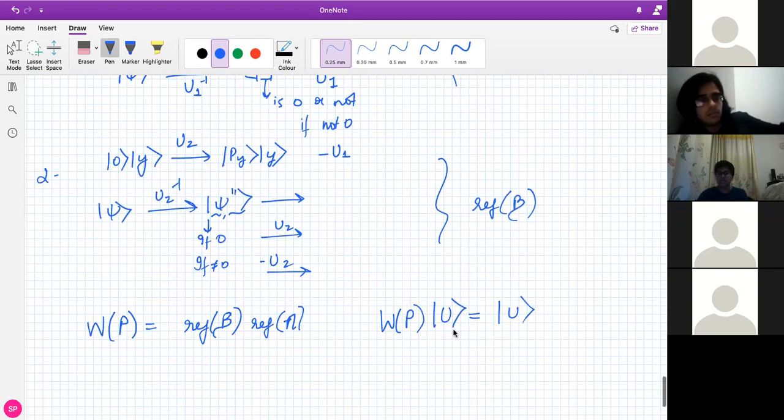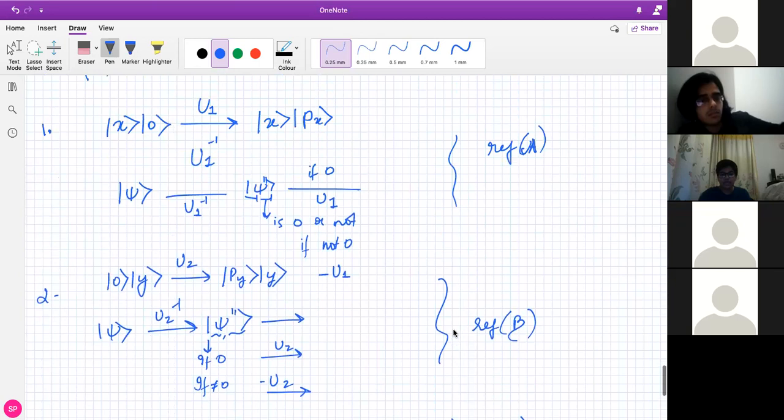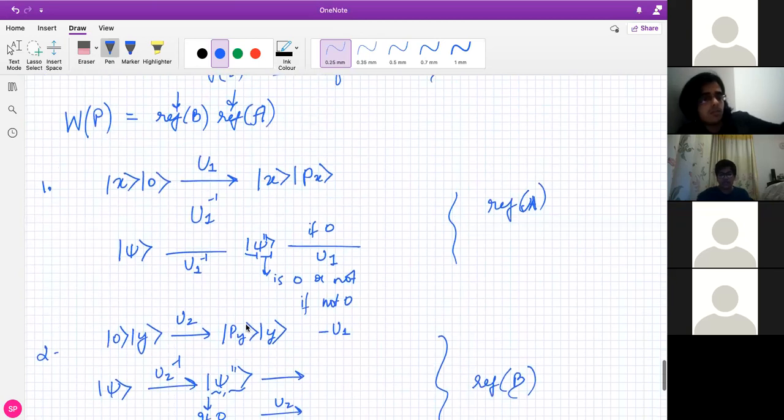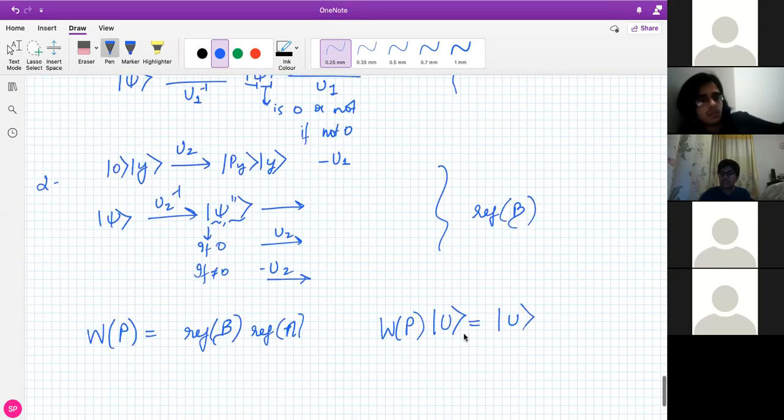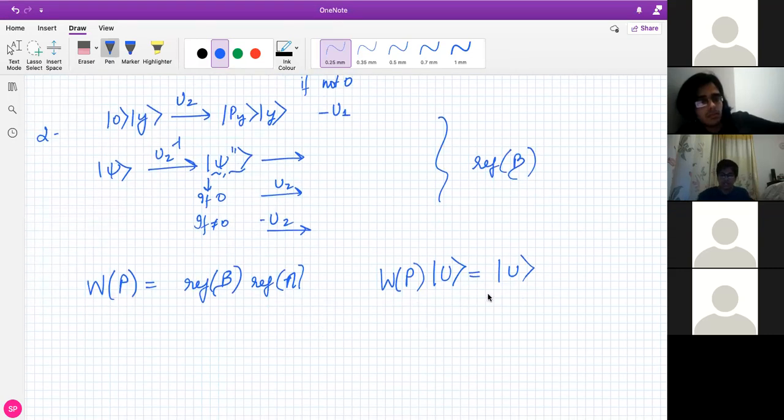You can check that because of the way subspace A and subspace B are defined. There's one common vector to them, that is U. So reflection A on U is going to give me U, and then reflection B on U is also going to give me U. That's a tiny calculation. And you will see that this is actually an eigenvector of this unitary with the eigenvalue 1.